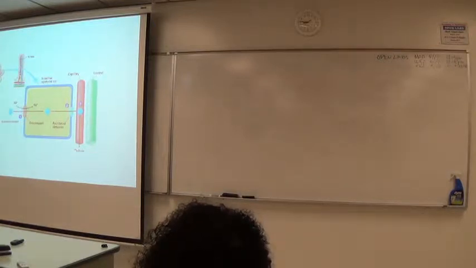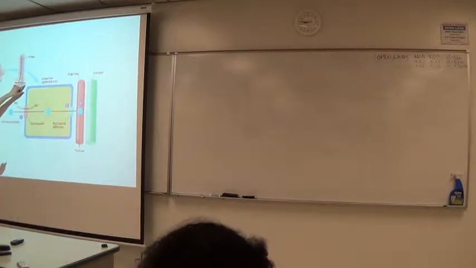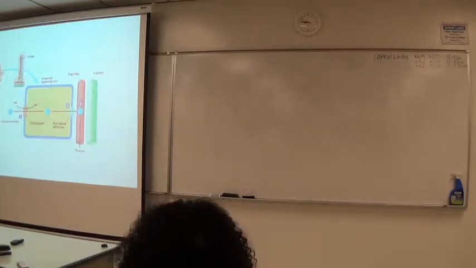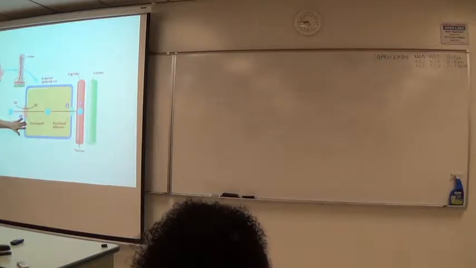Okay? So on this image here, we're looking at the intestinal villus, a simple columnar cell. This is the lumen, all right? And at the lumen, we have our enzyme. Does this look familiar to you?